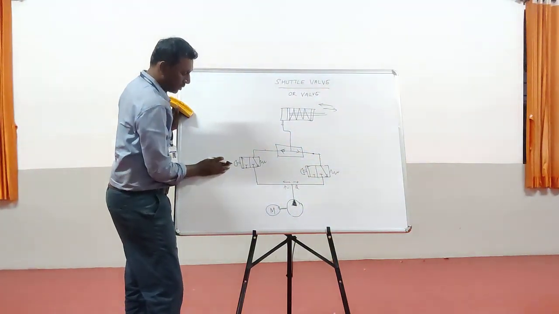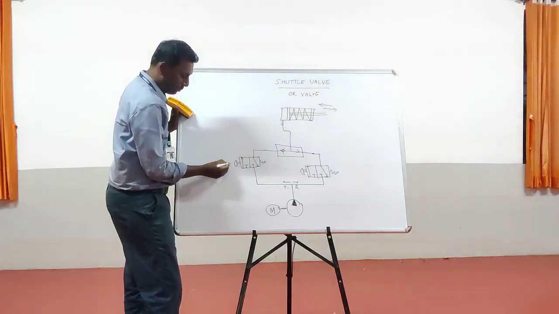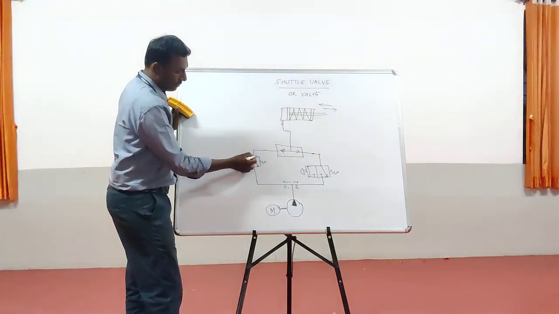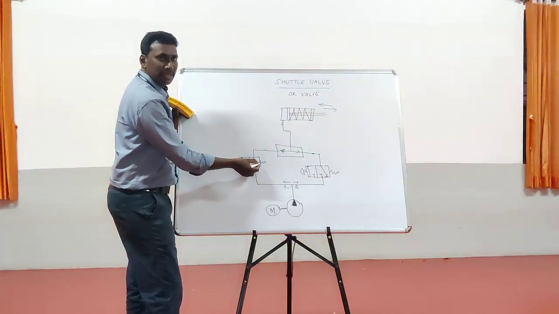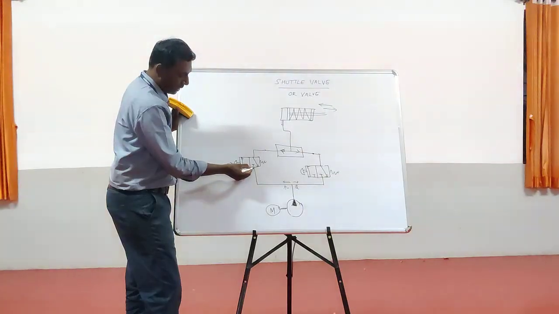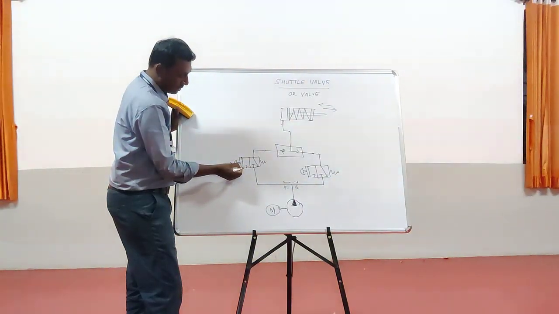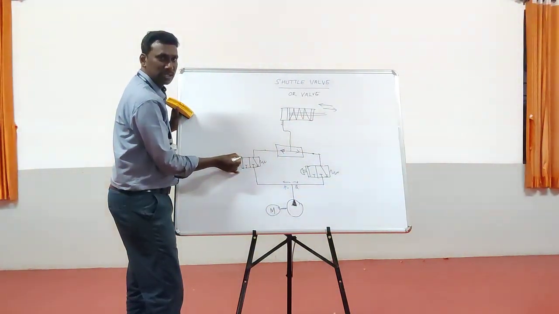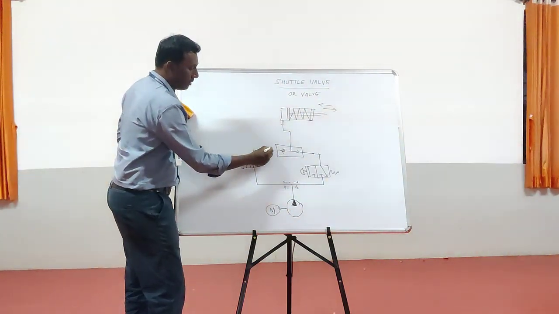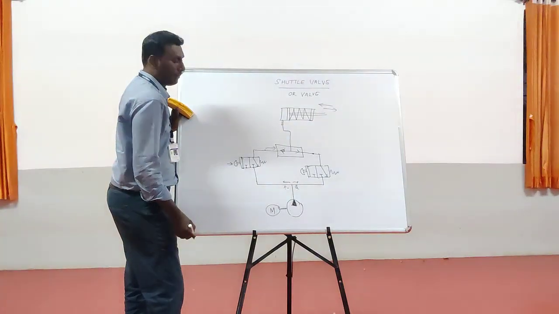Whenever we press this push button, with the spring return motion, this position will be disengaged and this position will be engaged. Then this point will be connected to this point, and the fluid will flow through this line and towards this line. So the fluid will pass like this.